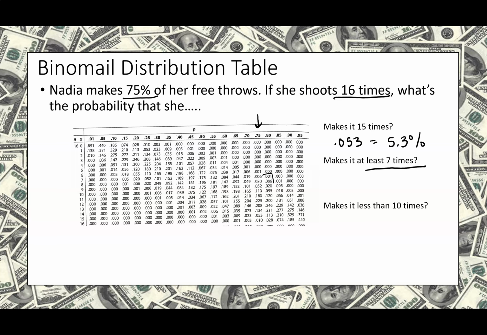At least 7, so that would be that all the way up. Okay, so what's that going to be? We're going to add those all up, and we're going to get 0.998. Now you might be saying, hey, Miss Sorensen, I'm in the wrong category.